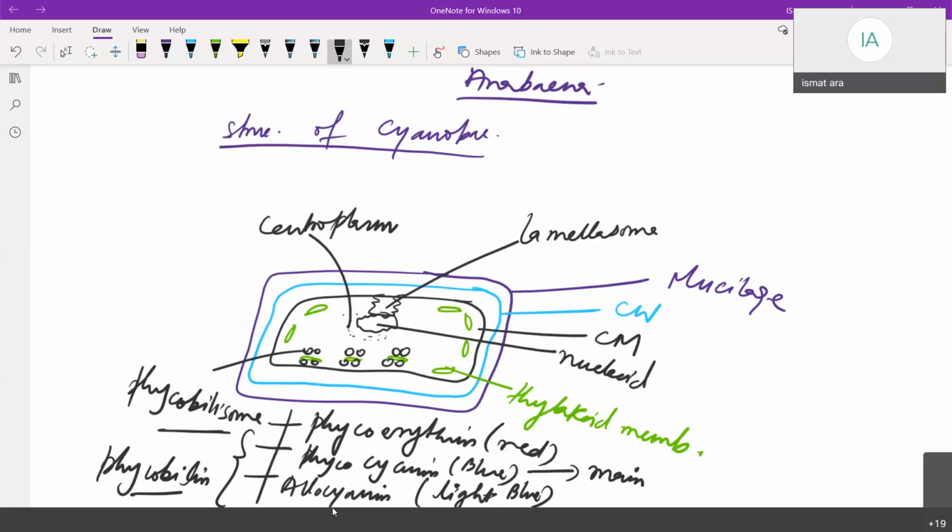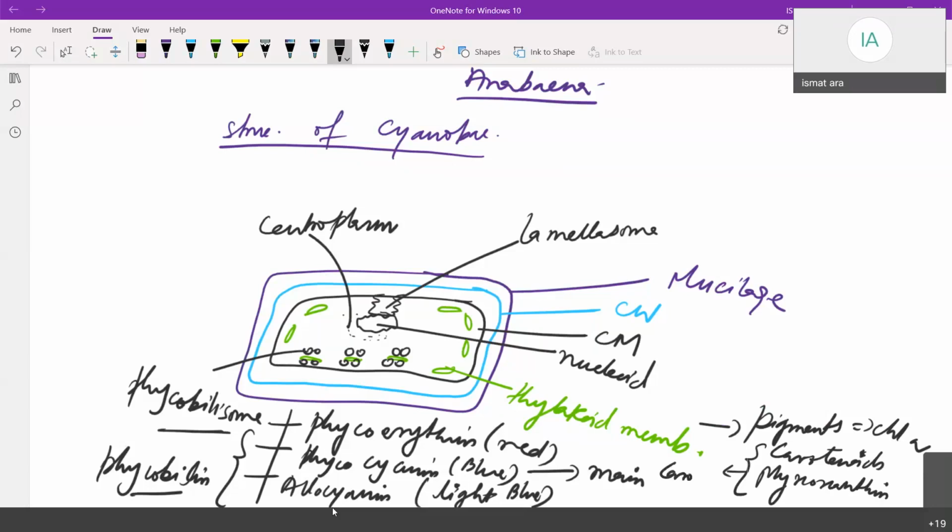Okay. In this thylakoid membrane, what pigments are present, student? The pigments present here are chlorophyll A, then carotenoids, and then mixoxanthine. Now this mixoxanthine and carotene together are called carotenoids.